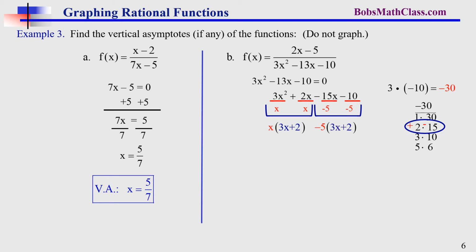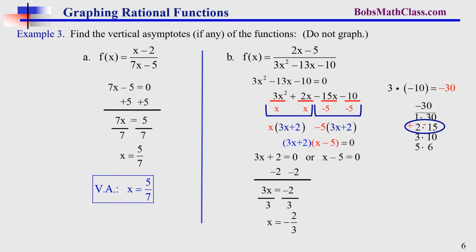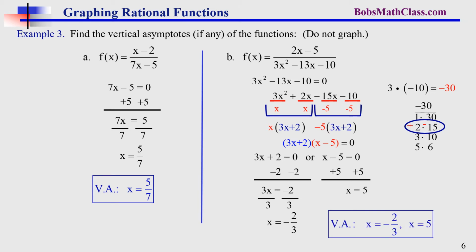That gives us 3x plus 2. It must match inside the parentheses. If it doesn't, there's a mistake. So 3x plus 2 times x minus 5, set them both equal to 0. And then solve each equation. So here are two vertical asymptotes, negative 2/3, and 5.